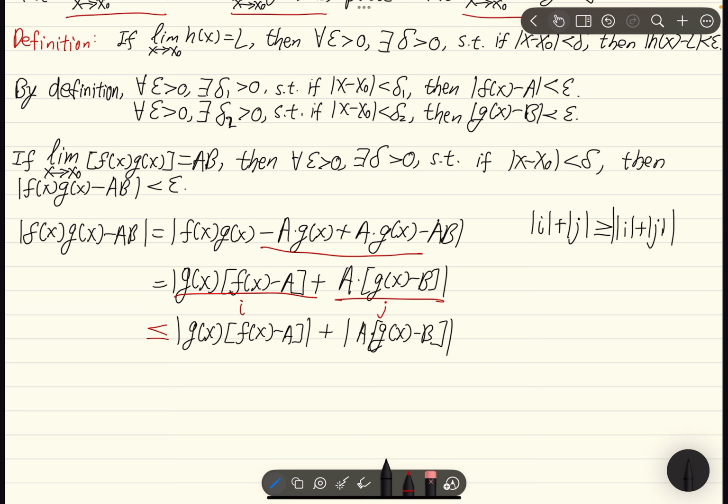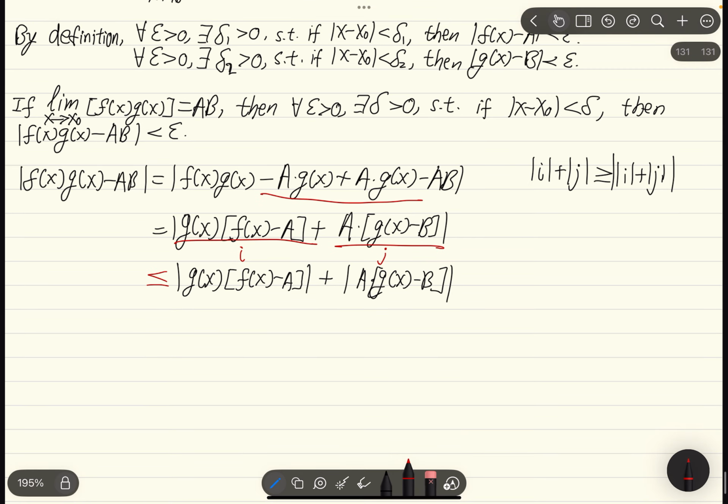Okay, so now we have two separate absolute value expressions, and we have to make sure this is less than epsilon. So how do we do this then? Well, the most common thought process here is we want to prove that this is less than epsilon over 2, this is less than epsilon over 2.